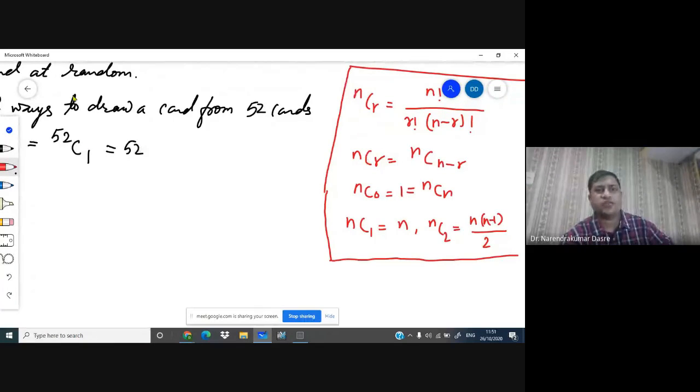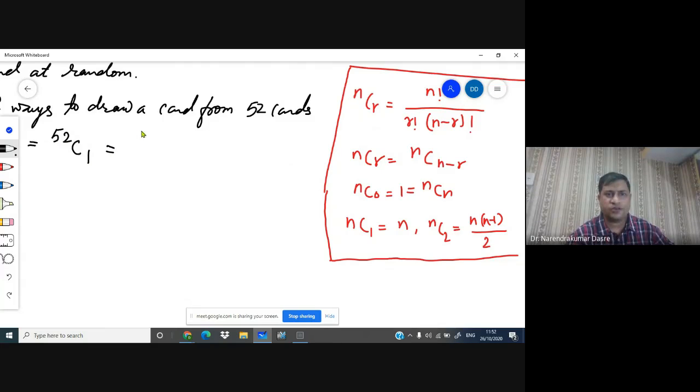Here we are choosing one card out of 52 cards, so nC1 is going to be n, and that's why this is going to be 52. Let me show how we get this using the formula. This is our n and this is our r.